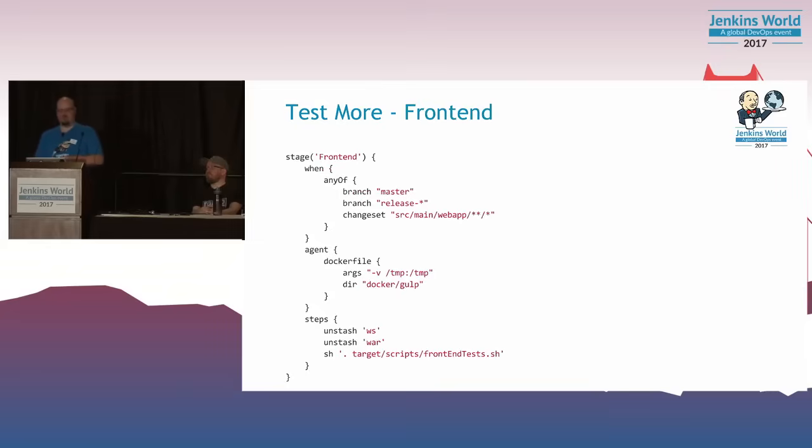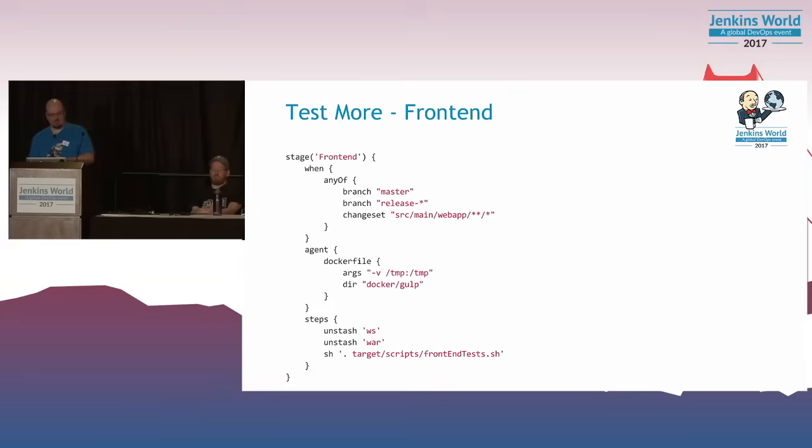Well, we want to run this when any of the following things apply. Either we are on a branch called master, or we are on a branch called release something, or there is anything beneath the web app directory that is part of the change set. That's when we want to run this.